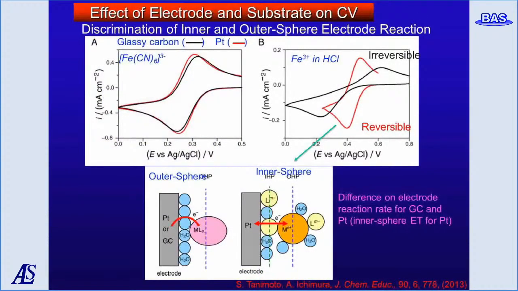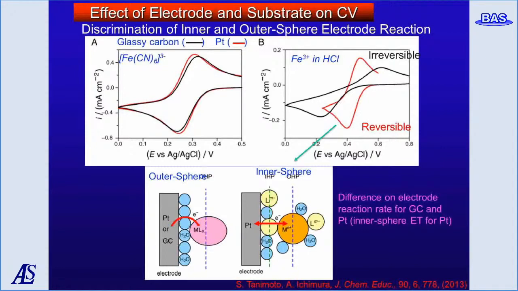Sometimes the electrode materials affect the CV shapes. For example, ferrocyanide was measured with a glassy carbon electrode and a platinum electrode. Both electrodes provide almost the same CV shapes.